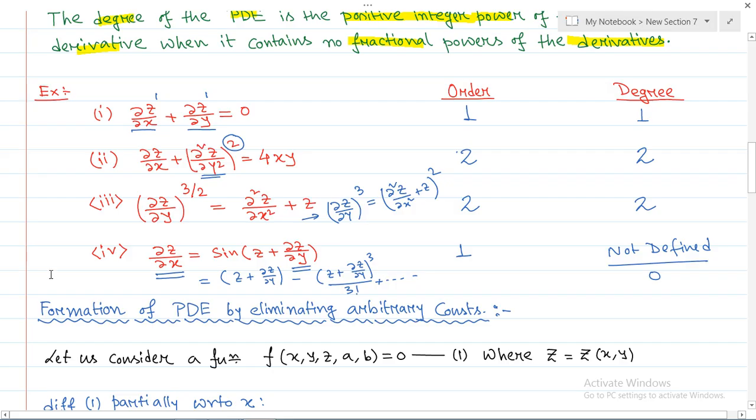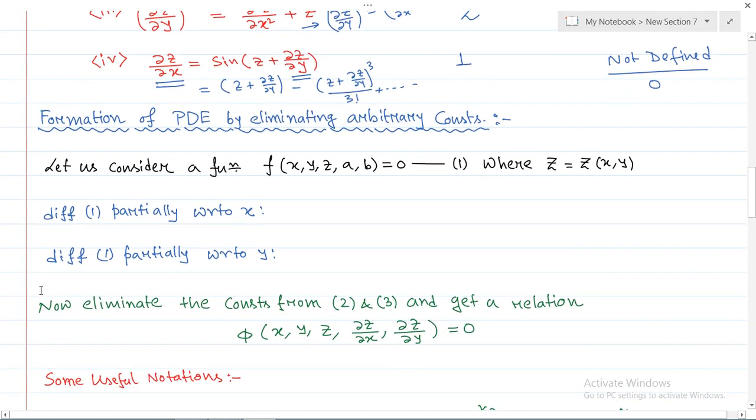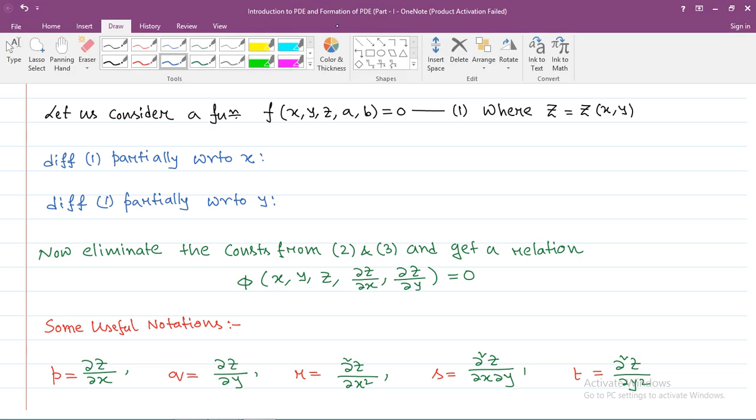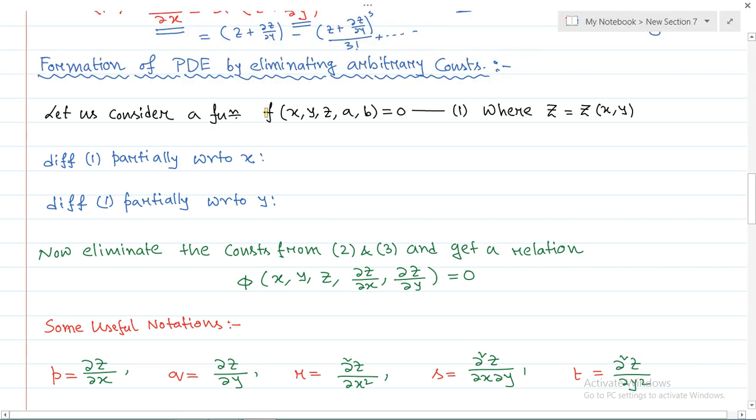Now we come to today's topic, from where we can have the long type of question, that is the formation of the partial differential equation by eliminating arbitrary constants. So let us think about one expression given to us, that is f(x, y, z, a, b) equals 0.